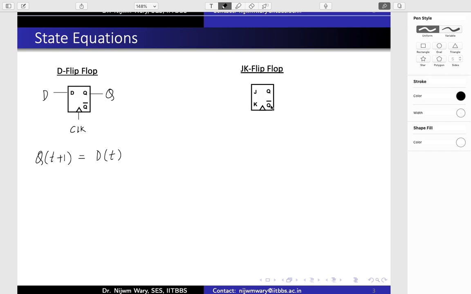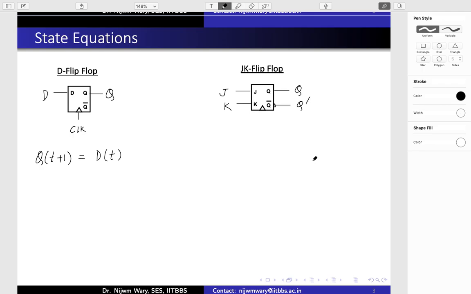Similarly, let's write it for the JK flip-flop. Suppose my inputs are J and K, and we have the output Q and its complement, which I have represented as Q dash.